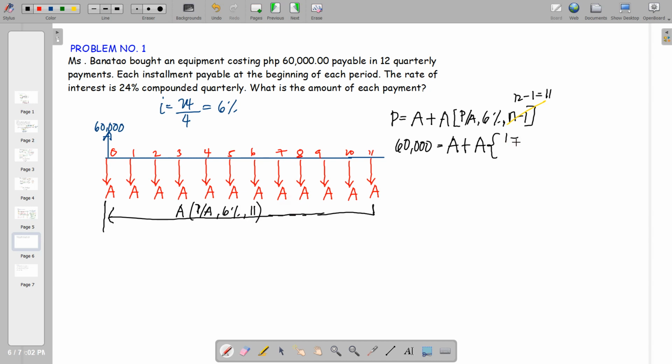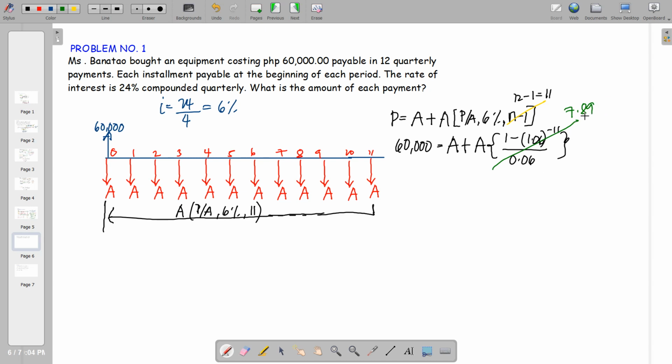So we continue with this formula. This is 1.06 raised to negative 11. So I'm sorry, this supposedly is all over 0.06. Then we can close that one, then compute for that factor, and this shall yield 7.89.